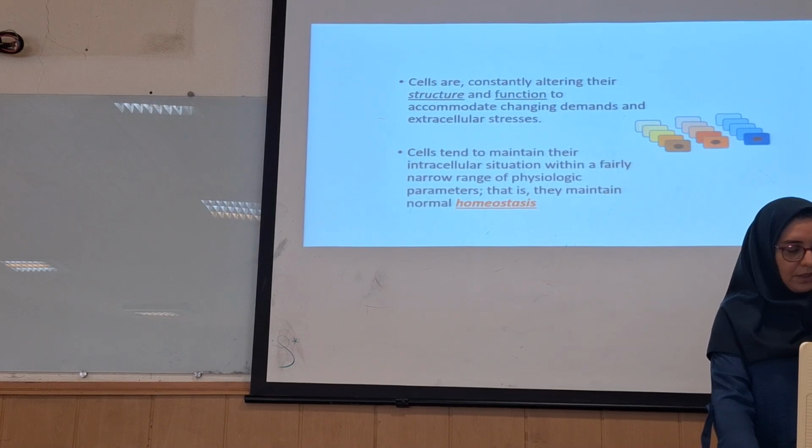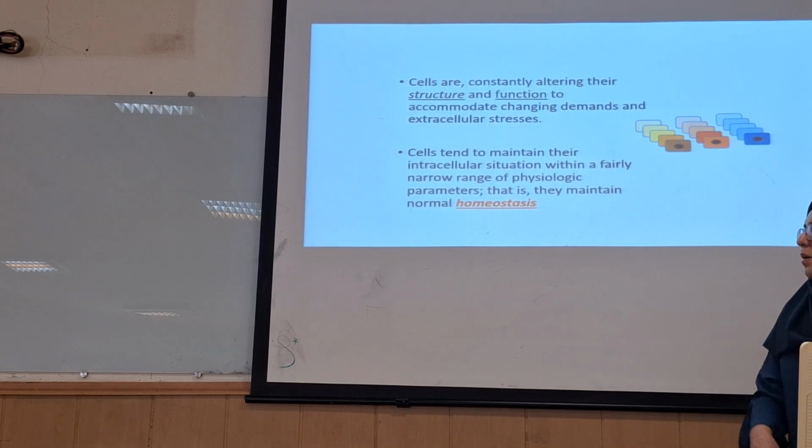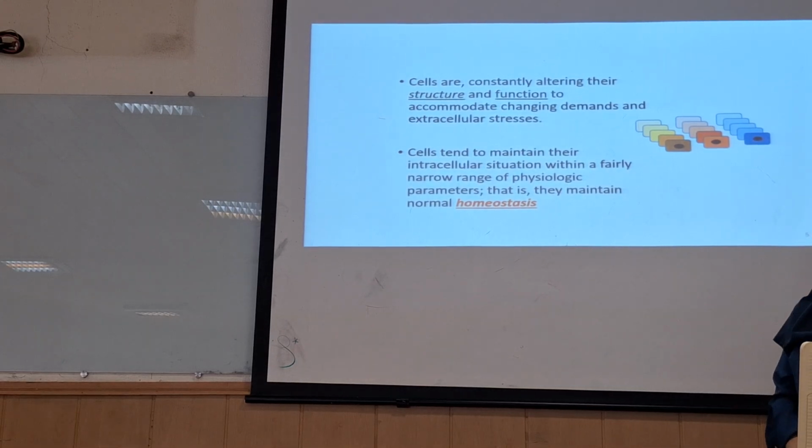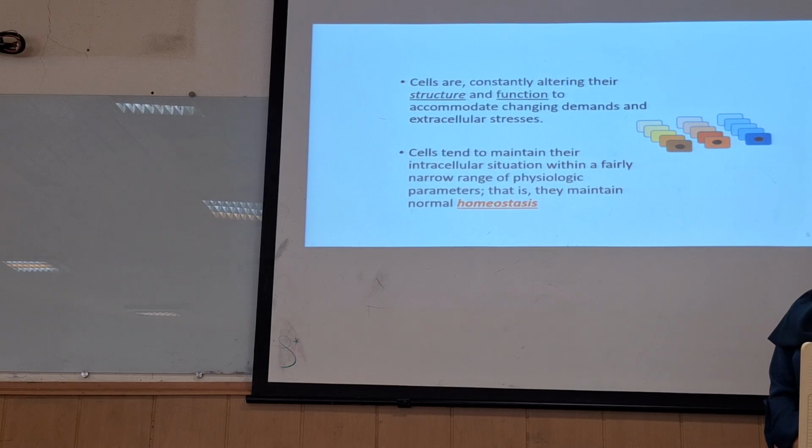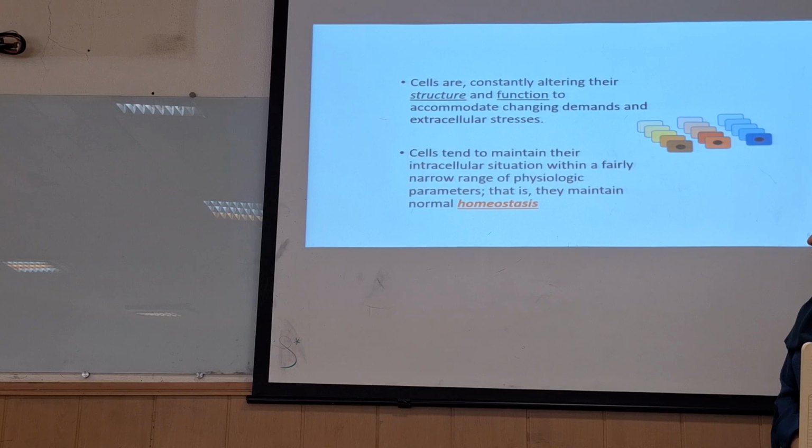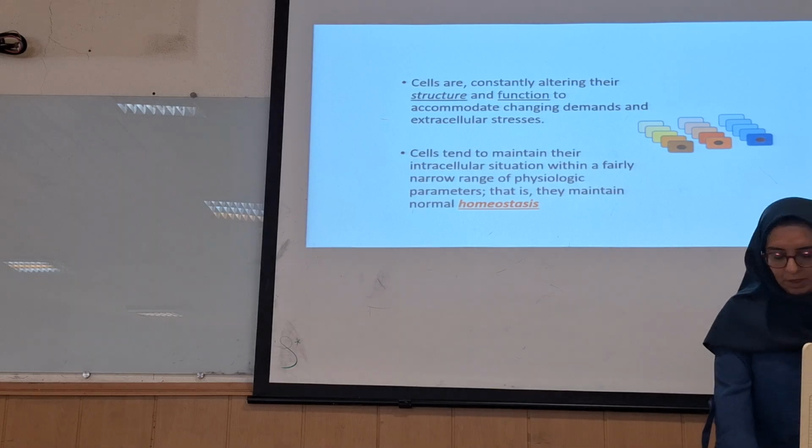Because we constantly have alterations in the structure and function of cells, but cells have mechanisms that tend to maintain the intracellular situation in a constant position. It's called normal homeostasis.